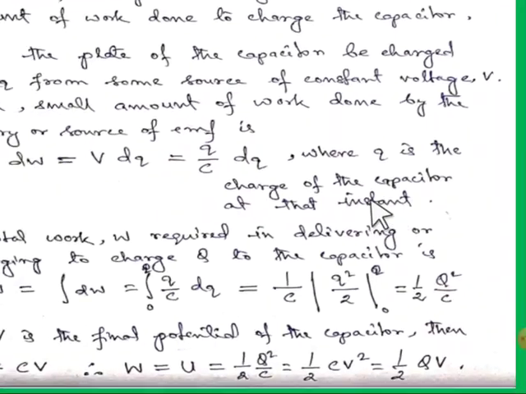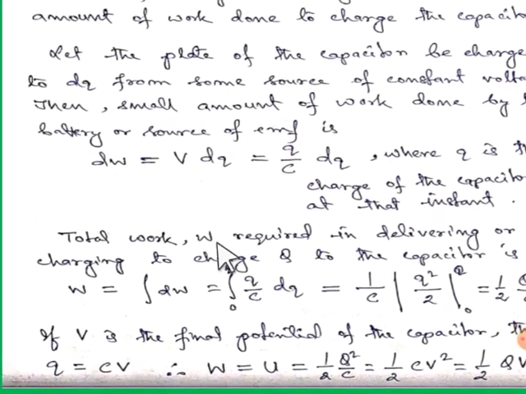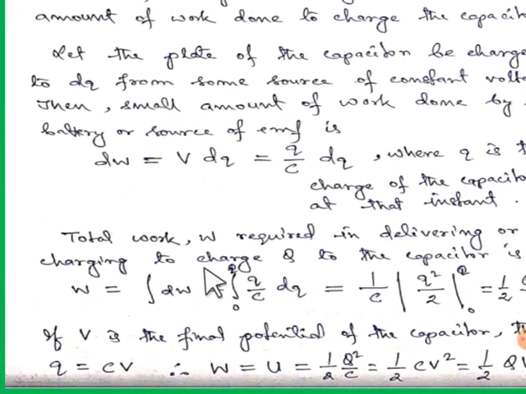Now let's see the total work done required in charging the capacitor to a charge capital Q. We have to integrate such small dq so as to reach the charge stored up to capital Q. So let's try to charge that capacitor from 0 charge to capital Q charge.